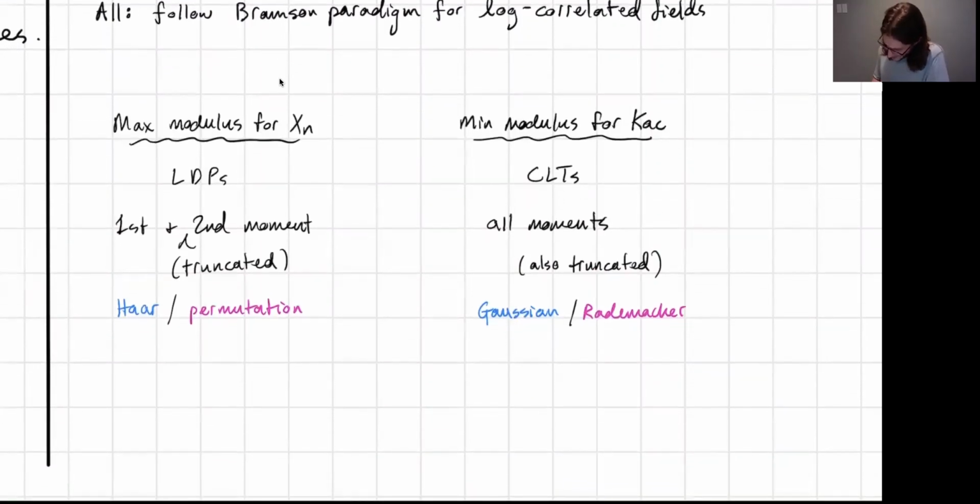And then again, I've said that the ideas for the Gaussian case and the Rademacher case are quite different, and the field behaves quite differently. And there's an analogy over here in the literature with the Haar unitary matrix. In the Haar setting, one thing that helps you is that you have this sort of smooth distribution, and then there's also a lot of miracles.